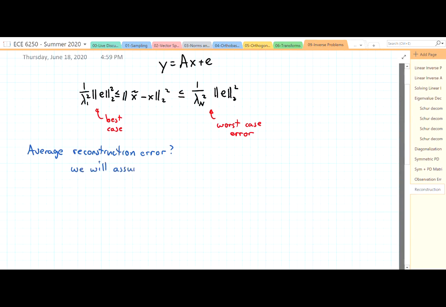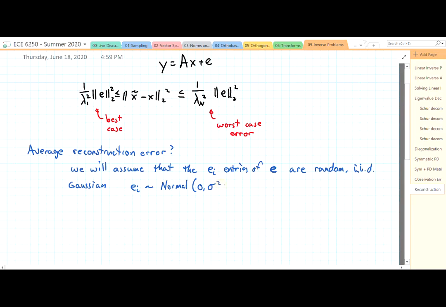We will assume that e_i is normal, with a mean of 0 and standard deviation of sigma, for i equals 1 to n.